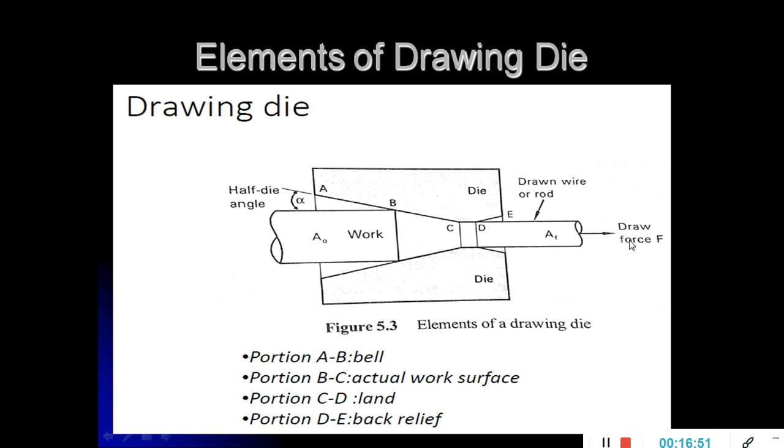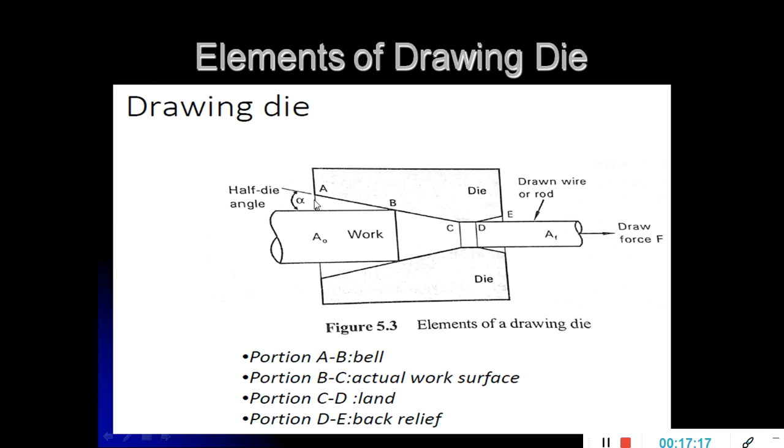Here we are applying the drawing force. Now AB is known as the bell. The bell is that portion of a die which does not come into contact with the work surface. Got the idea? AB is known as the bell of a drawing die, which does not come into contact with the work during the operation.